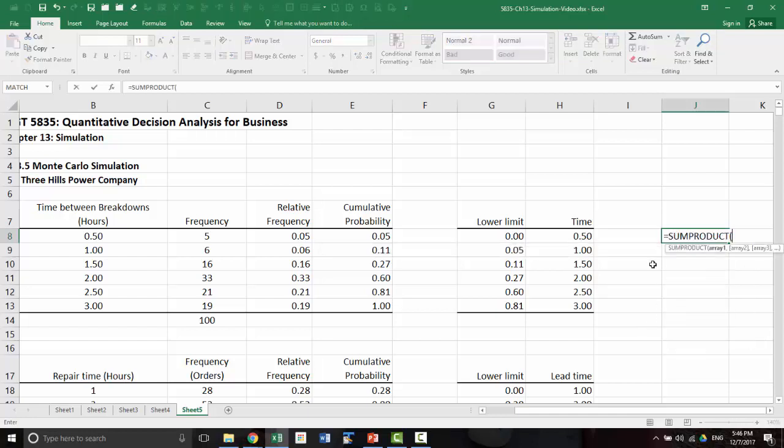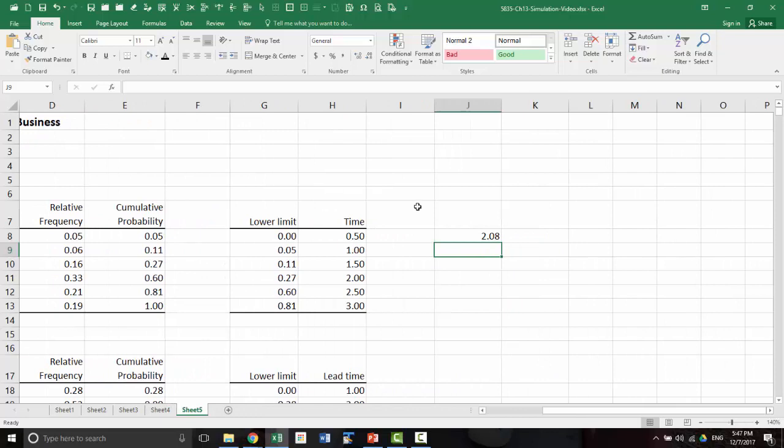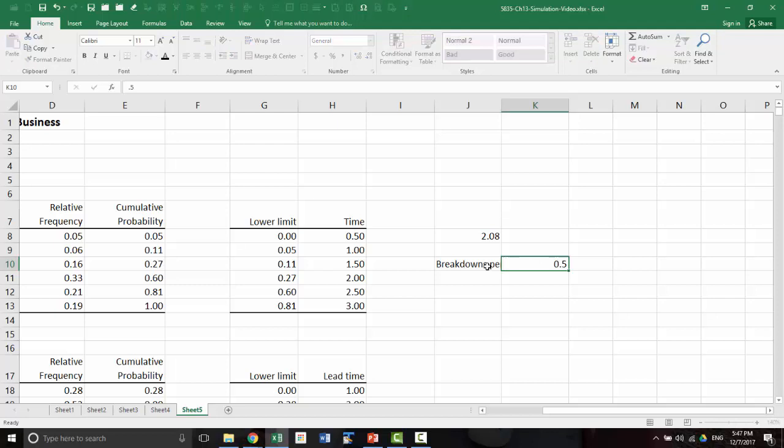So if you do a sum product of that with the relative frequency, that will give you the average time to break down. Okay, so this means there is half on the average breakdowns per hour, is 0.5, right?